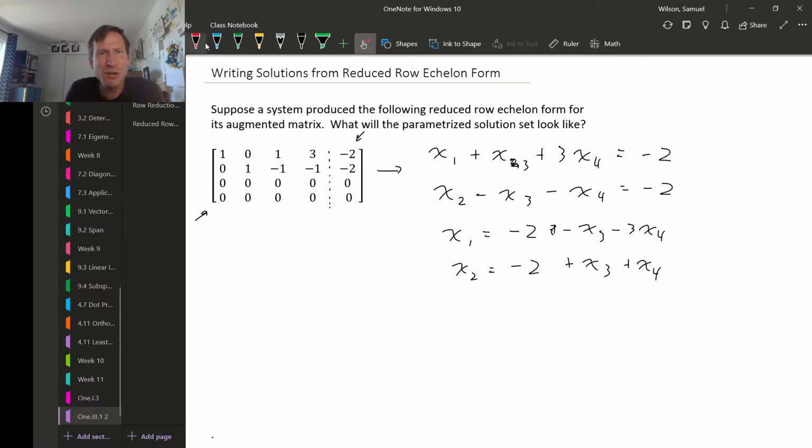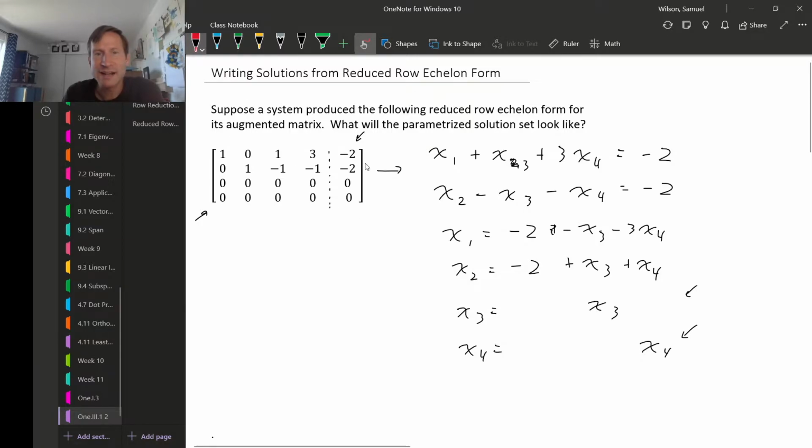And then x3 is x3 and x4 is x4, because these two are free variables, right?